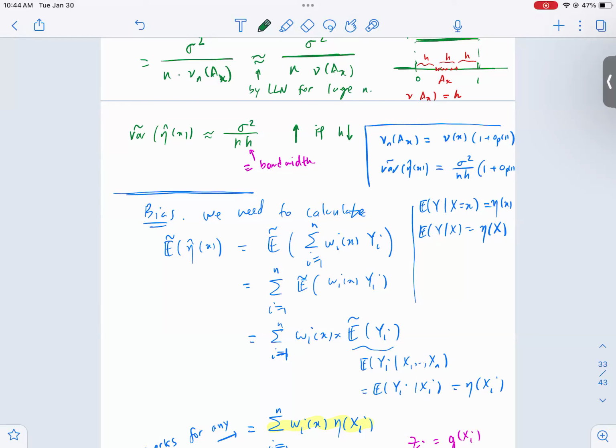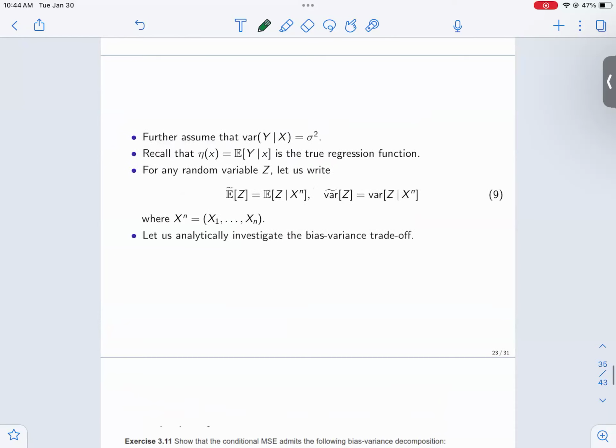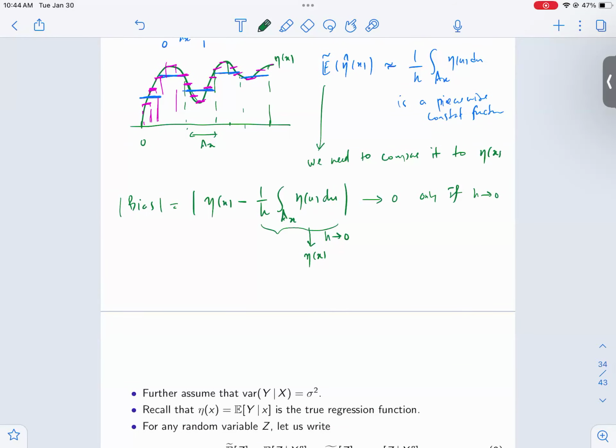If I want to make the bias go to zero, I have to let h go to zero, and then the variance goes up. So I have to balance it out; given a particular problem, there's an optimal value of h. One question is, can I do better? Can I give you some approximation of the bias that shows how fast it goes to zero as a function of h? The answer is that you have to make some assumptions about eta.